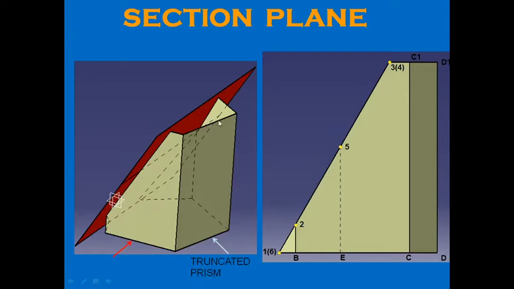What you can see here, we have a pentagonal prism which is cut by a section plane. The section plane is shown by the red color and the truncated portion of the pentagonal prism is shown by the yellow color. All these hidden lines are the edges of the base or the top face and even the vertical edges.